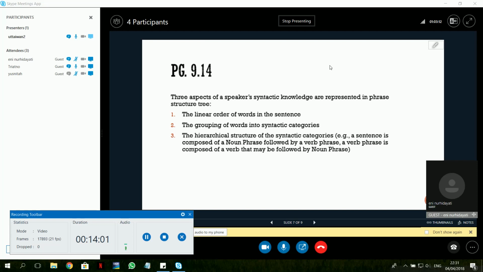Sepertinya Mbak Eni belum bisa ikut aktif ya.